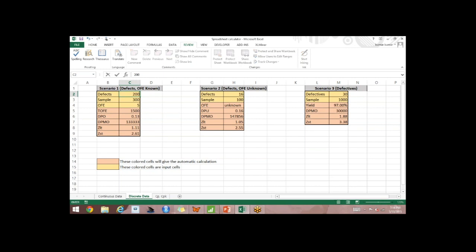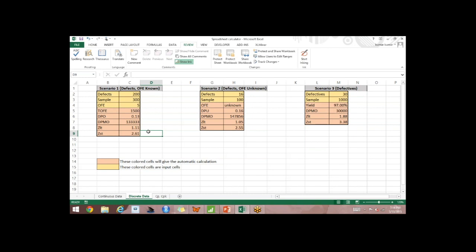According to the case study, you have 200 defects. According to the sample, you have 300 EPADs, and you are checking 5 characteristics in each EPAD. The moment I key in those values, I get this. Z long term is 1.11. And if I add 1.5 sigma, or the number 1.5, I would get Z short term, which is 2.61.